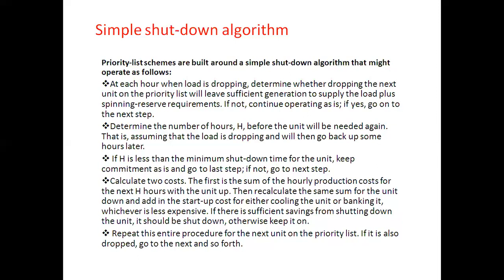If there is sufficient saving from shutting down the unit, it should be shut down, otherwise keep it on. Repeat this entire procedure for the next unit on the priority list. If it is also dropped, go to the next and so forth. This is the simple shutdown algorithm.